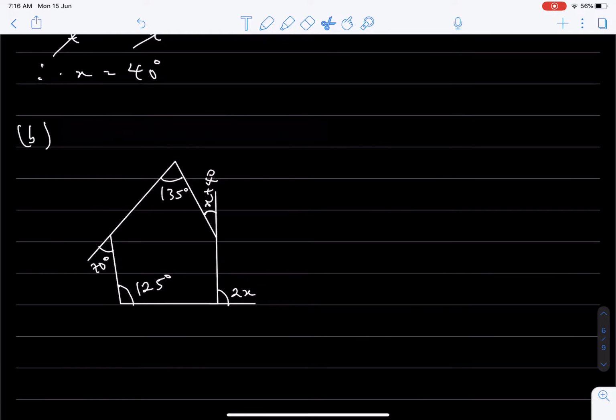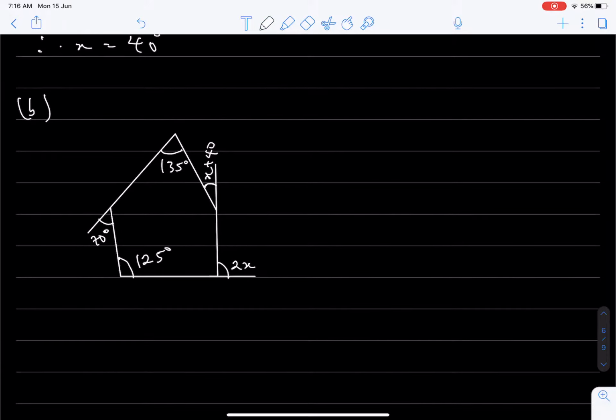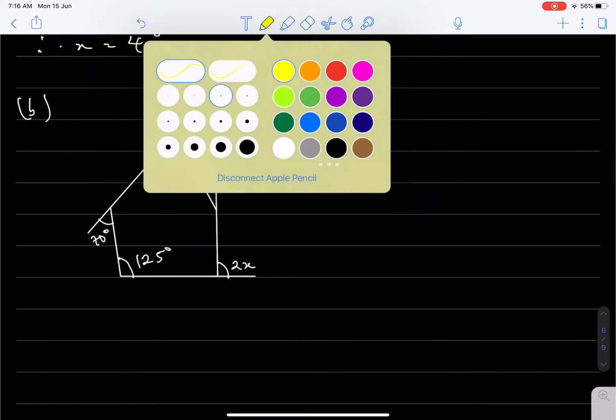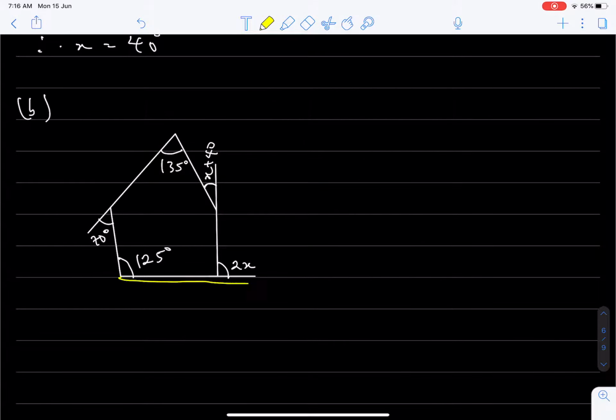If you extend any of the sides of a polygon, the angle so formed is called an exterior angle. So we can see here that an exterior angle has been formed by this line, another one by this side, another one by this side. The only sides for which there are no exterior angles are this and this.